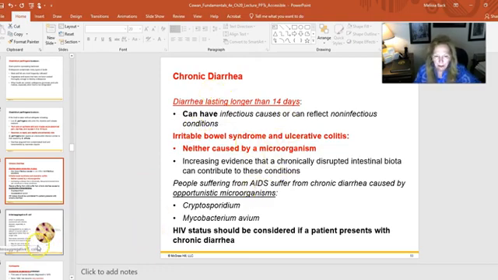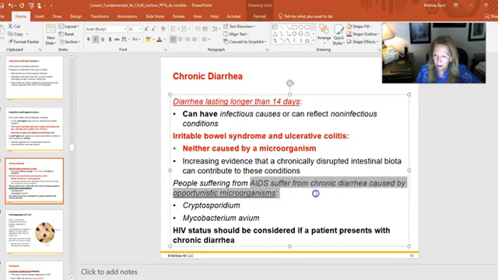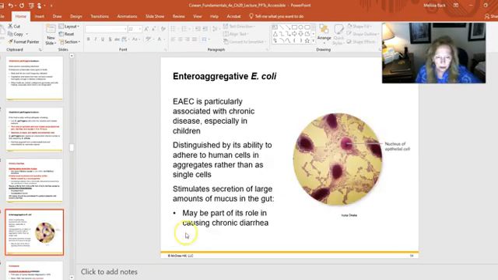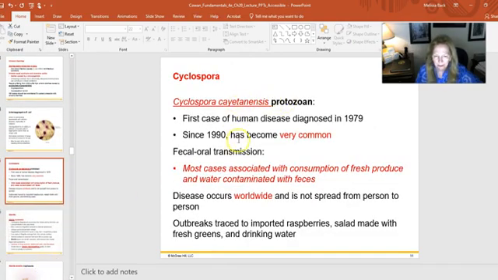So we do have people suffering from AIDS that have chronic diarrhea, but it's usually from opportunistic microorganisms, things that are part of your microbiomes that are now taking the opportunity because the person has a secondary immunosuppression, an immunocompromised disease, whether it is from AIDS or from cancer treatments or drug abuse or sometimes even old age. So those can lead to that. And again, we talked about some of these E. coli's that we know can also lead to chronic kinds of diarrhea situations.